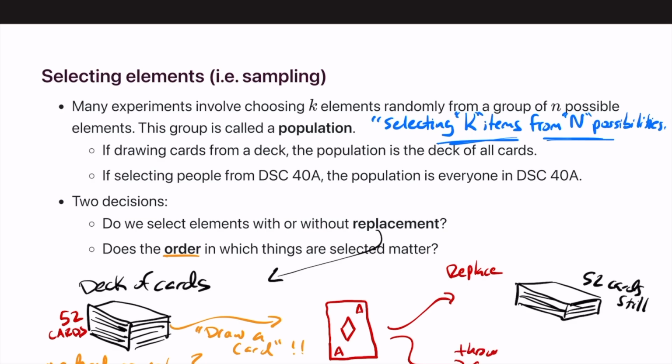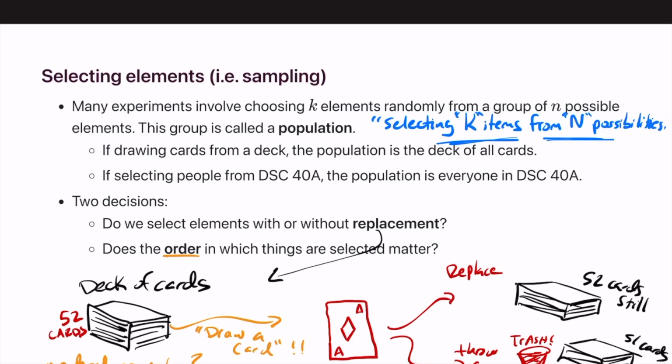throw away the card? And by throw away, I don't necessarily mean throw it into a waste bin, like the trash. We mean, do you put it off to the side such that your deck of cards would only be 51 cards now?